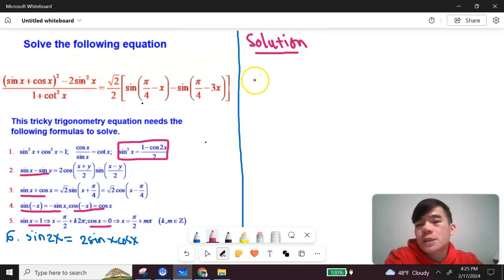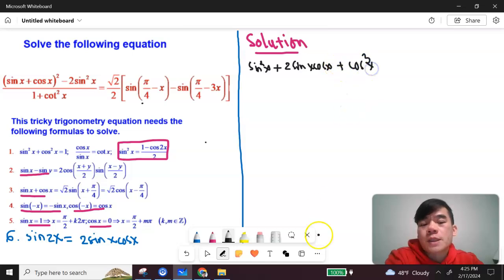If we expand it, it should be sine square s plus 2 sine s cosine s plus cosine square of s, and minus 2 sine square s over.